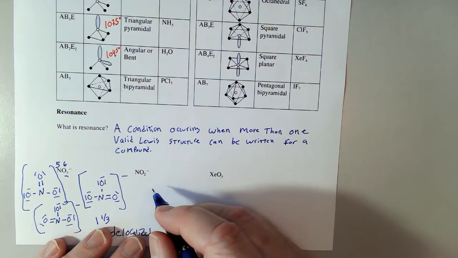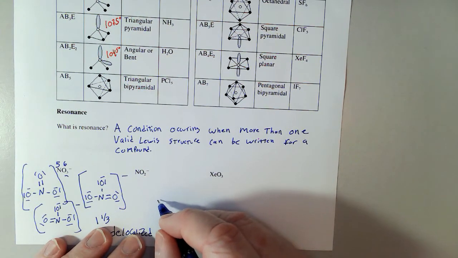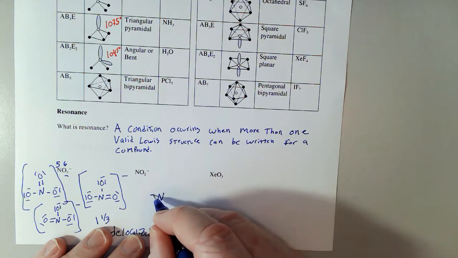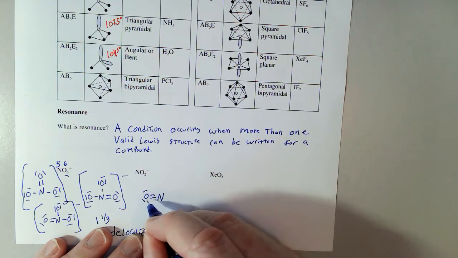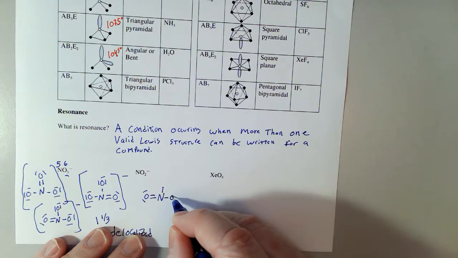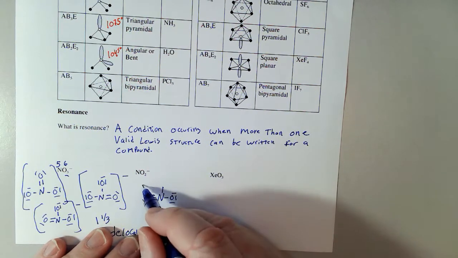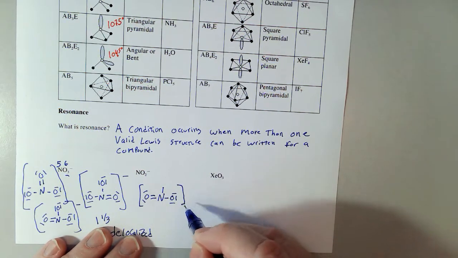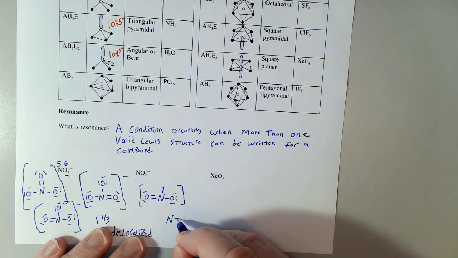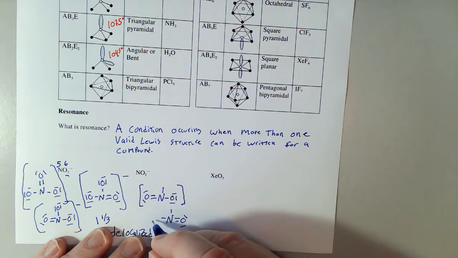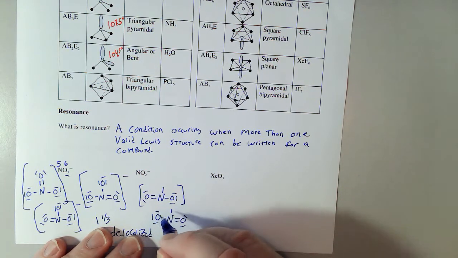Now, for NO2 minus, we can do a double bond on the left, a lone pair, and a single bond on the right. We can also do a double bond on the right, a lone pair, and a single bond on the left.